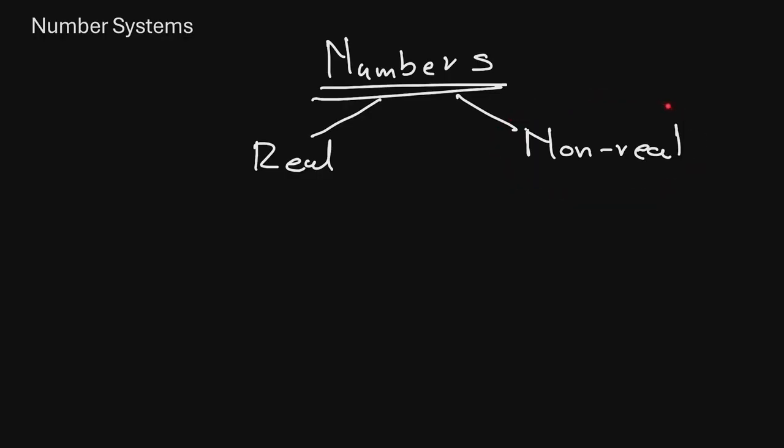And these imaginary numbers, we use them when we do a chapter such as complex numbers when you are in varsity or in college. But for now, what you need to know is that non-real numbers are numbers that don't exist in your calculator. For example, if you punch them in your calculator, they will give you an error.